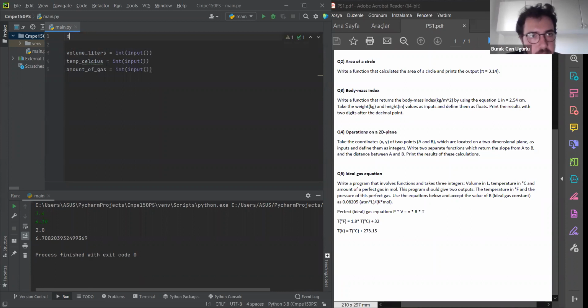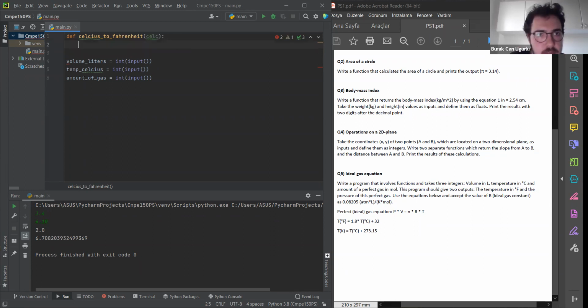So I am defining the first function to convert the Celsius degree to Fahrenheit. It is the first and the easiest function that we will write in this question. Celsius to Fahrenheit, and we can write Celc as the parameter.